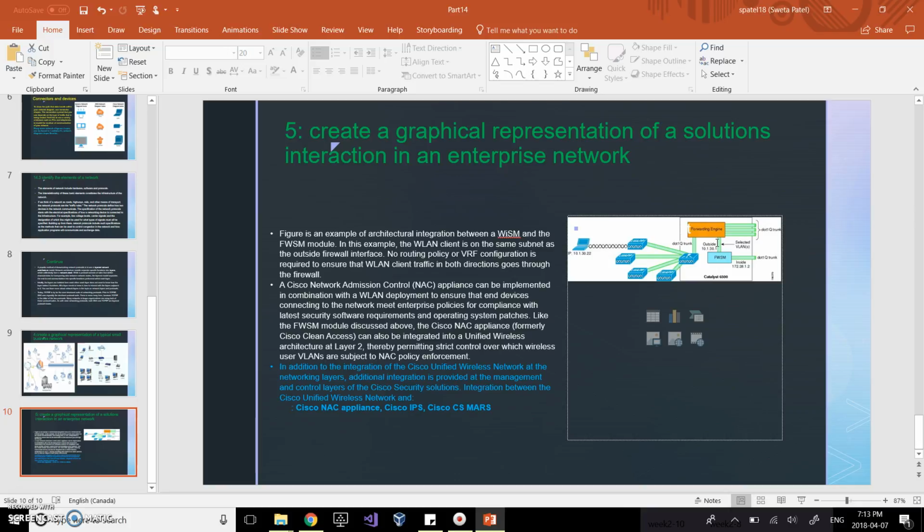In addition to integration of the Cisco Unified Wireless Network at the networking layers, additional integration is provided at the management and control layers of Cisco security solutions. So integration between the Cisco Unified Wireless Network and Cisco NAC appliances, Cisco IPS, Cisco CSS.